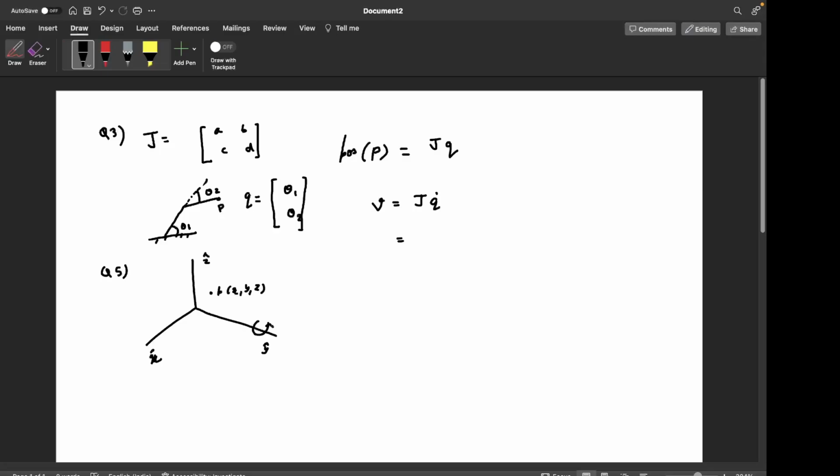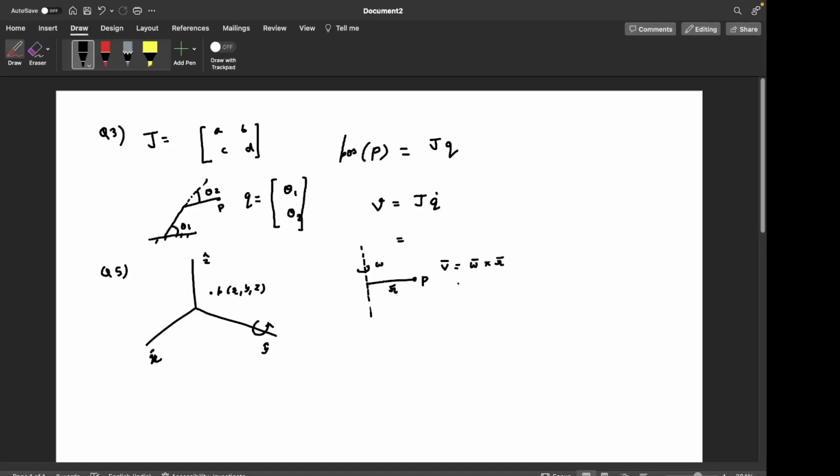We know that if a point is rotating about an axis, let's say r, and this is omega, then the velocity is given by omega cross r.